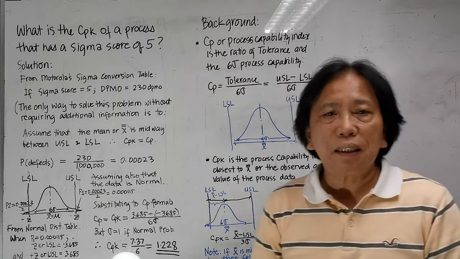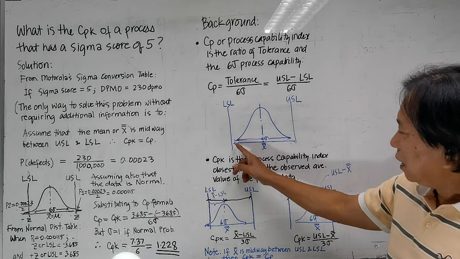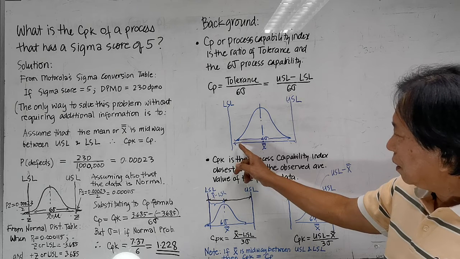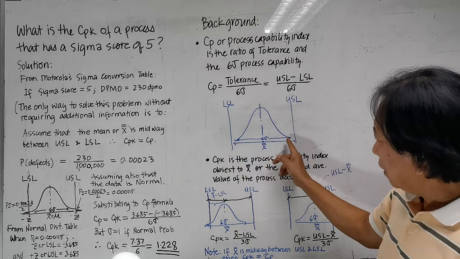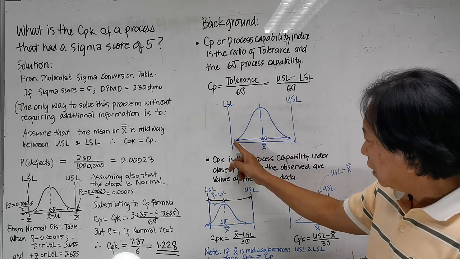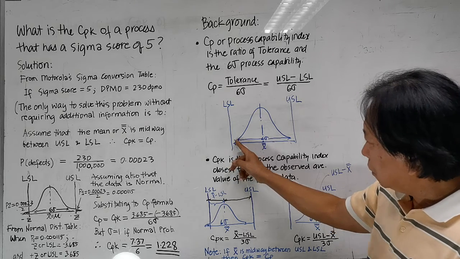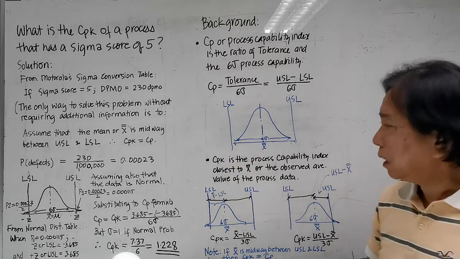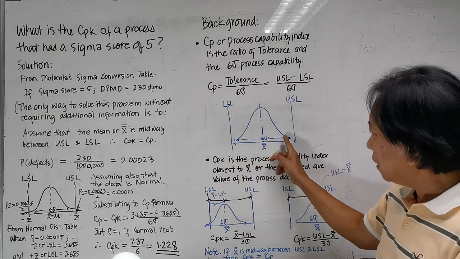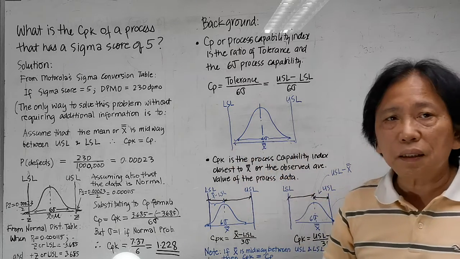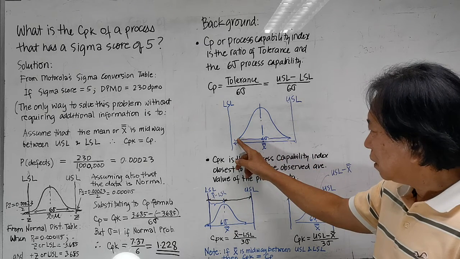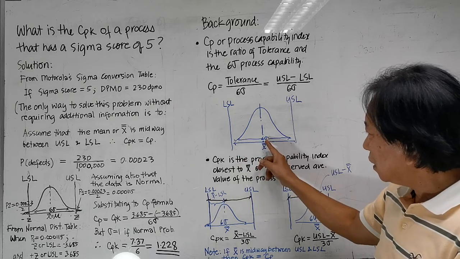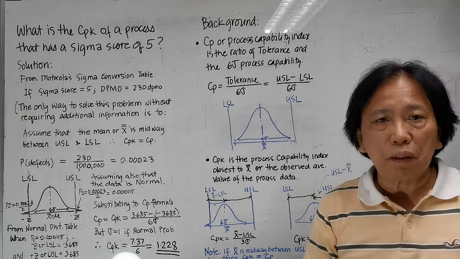So in the 3 sigma system, all the values in between, the process capability, is equal to 6 standard deviations. In other words, the range of values that is generated by the system, highest value and the lowest value, has 6 standard deviations between them.